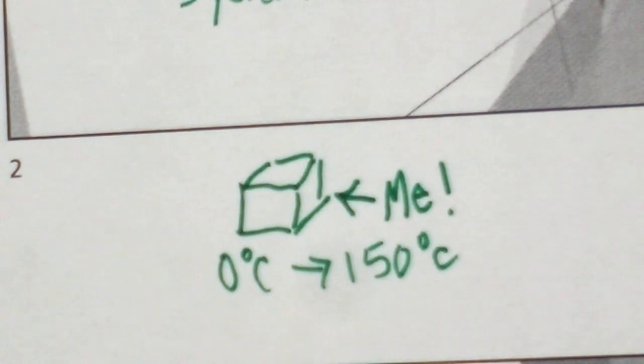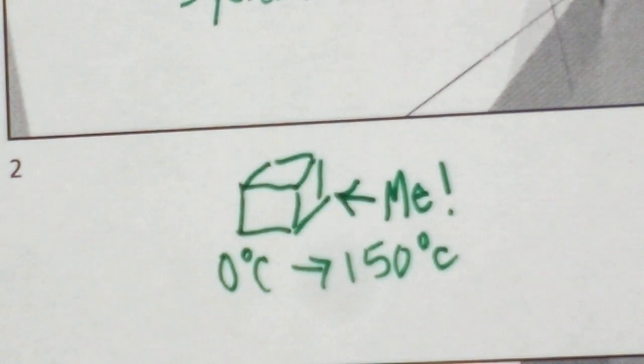We're only looking at this block of iron. Well, the block of iron got put on the heater, and the block of iron gained energy, and the temperature of the block of iron went up. And then when we brought it into the classroom, the block of iron's temperature went down and the block of iron lost energy. So we're looking at it as a specific system.